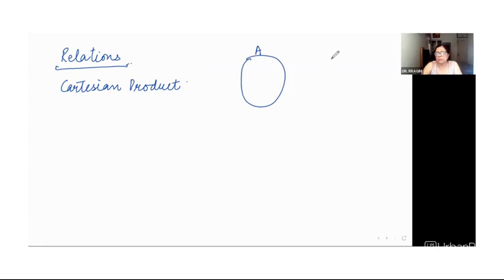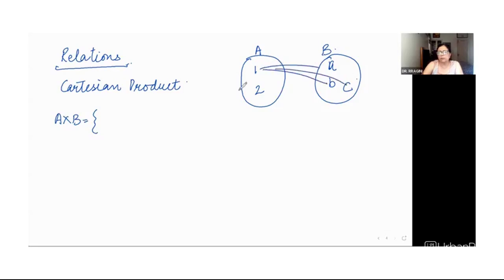Let me start with an example, then we will study relations in depth. This is A cross B. If I write the Cartesian product of these two non-empty sets, we have simply to connect every element of A to every element of B, right?